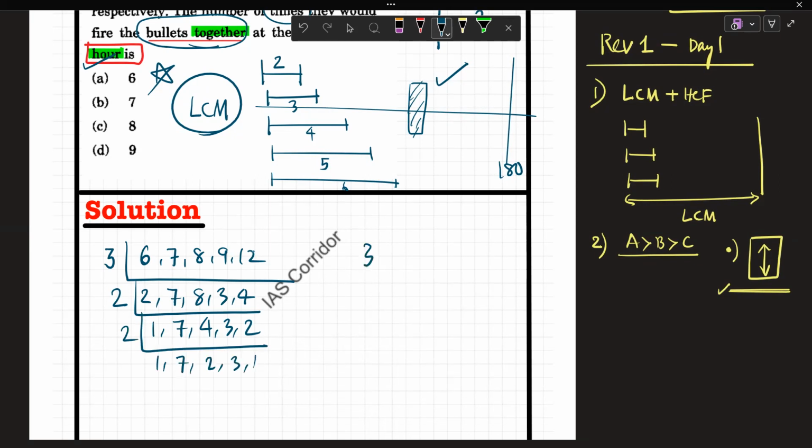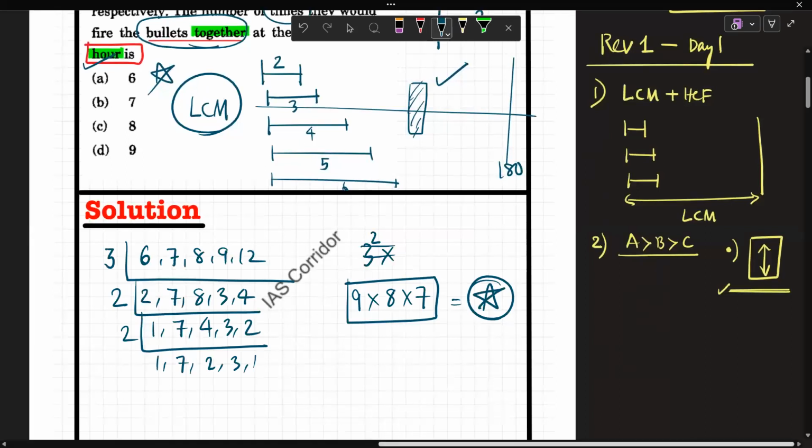Finally they write 3 square, that is 9, into 8 into 7, and they evaluate this value. Why waste 1 or 2 minutes multiplying this? You would just multiply 56 into 9 and find it as 504.